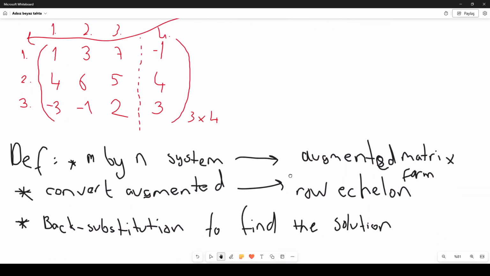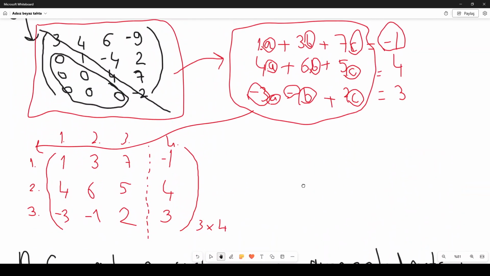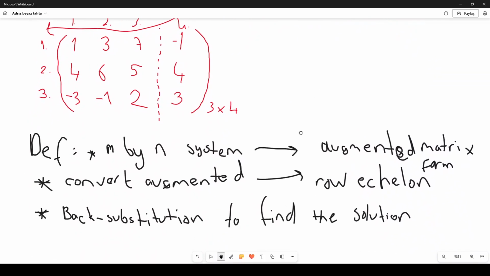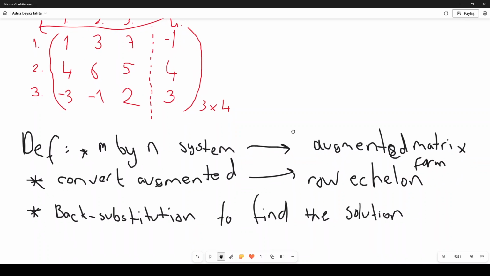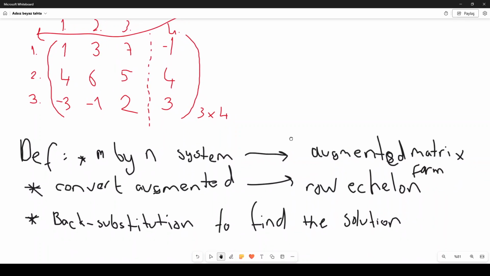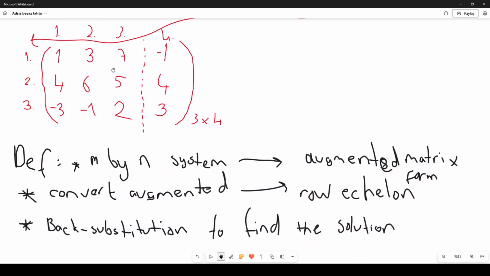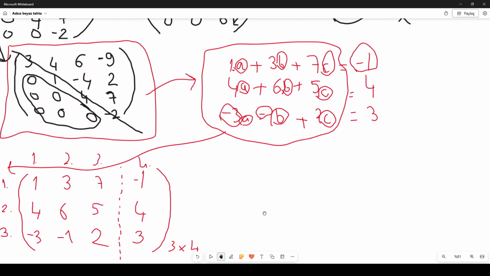Okay, let's see how the Gaussian elimination method works. We already have the matrix. This is the matrix we're given, in other words, this is the system.